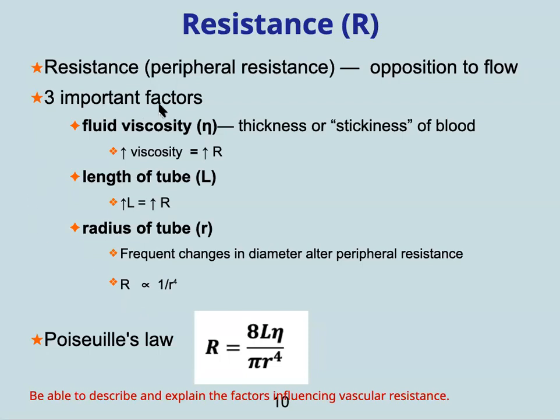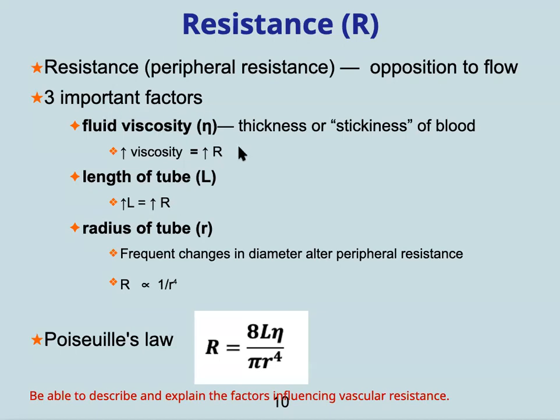The relationship of these factors to resistance can be summarized by Poiseuille's law. This is viscosity, this is the length of the vessel, and this is the radius of the blood vessel. Notice that the first two factors stay relatively constant.